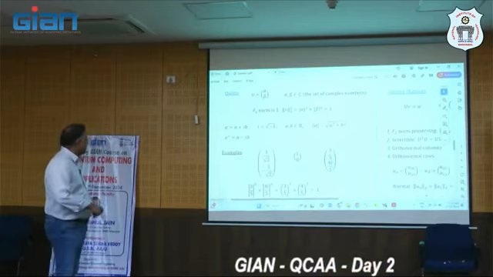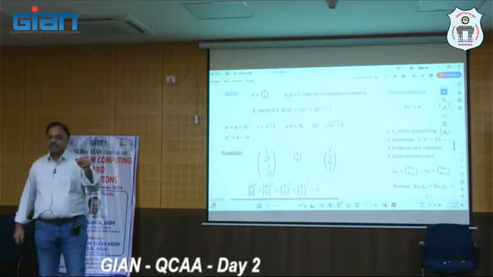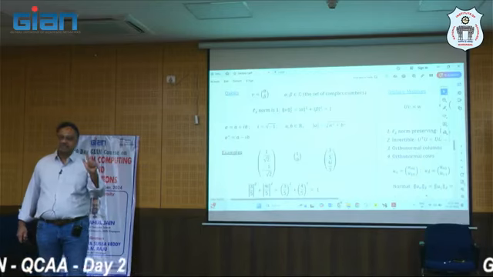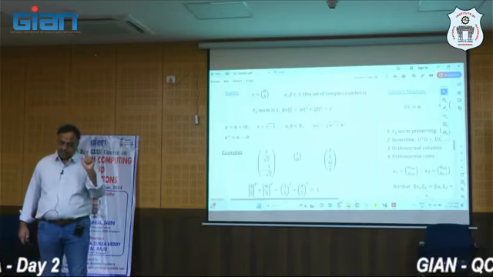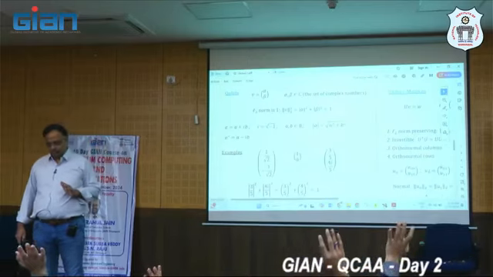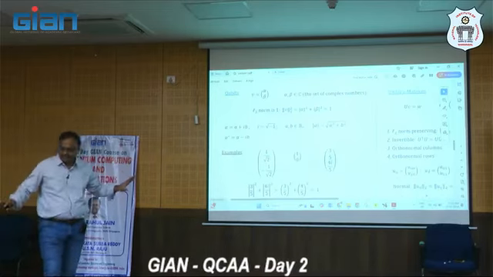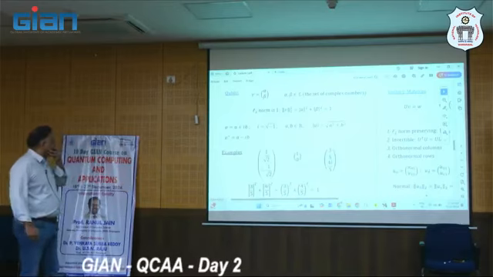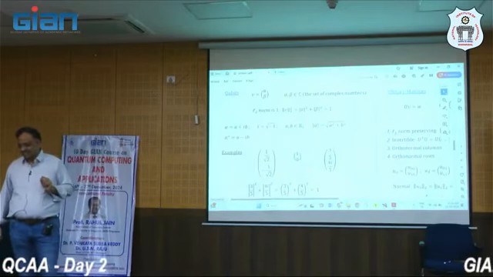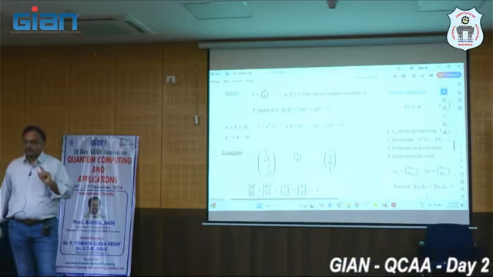A complex number alpha is written as a plus ib, where a is a real number, b is a real number, and i is imaginary. Please raise hands who are familiar with complex numbers. Very good, because we will be using complex numbers throughout the course. i is the square root of minus 1, right?